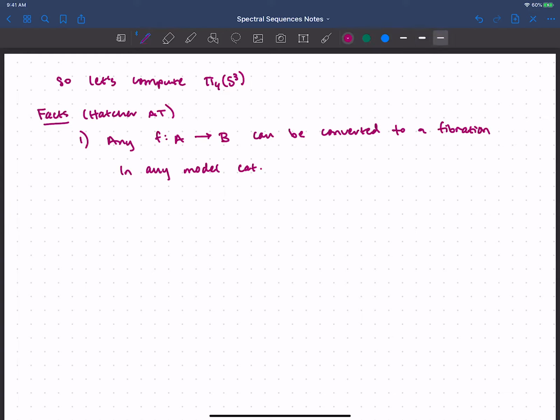You can put a model structure on topological spaces. All I'm saying is that any map should factor as a fibration followed by a cofibration. So what I do here is I take some fattening up of A, and I can even make this an acyclic cofibration, and that converts this to this map f tilde, which will be a fibration. This is just the fibrant replacement.